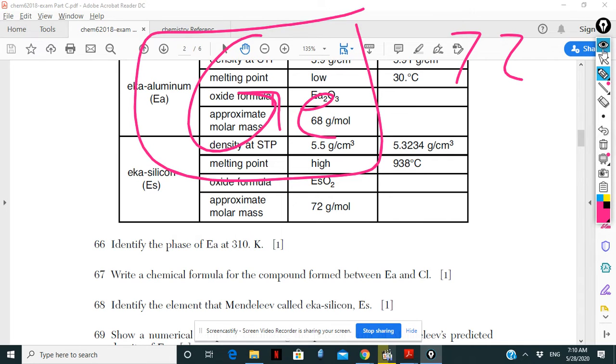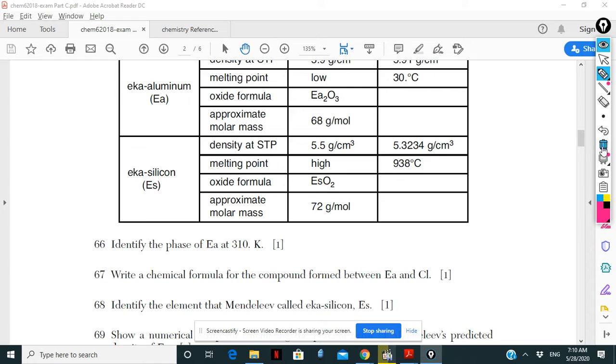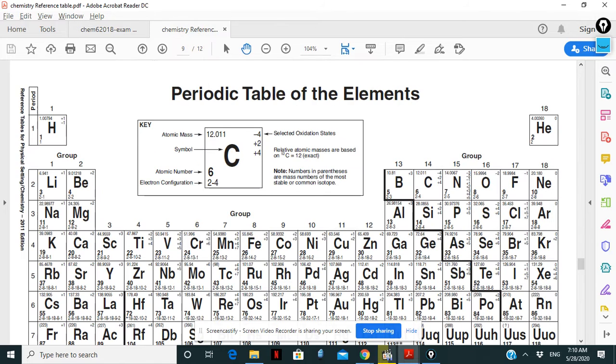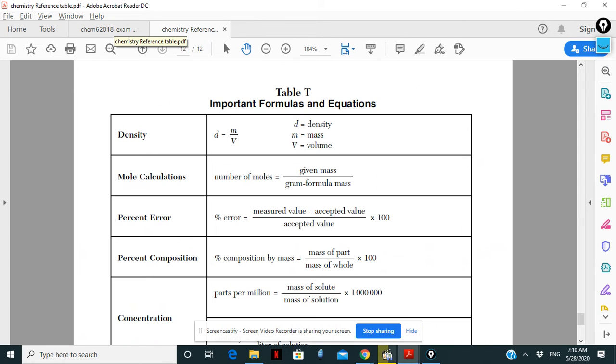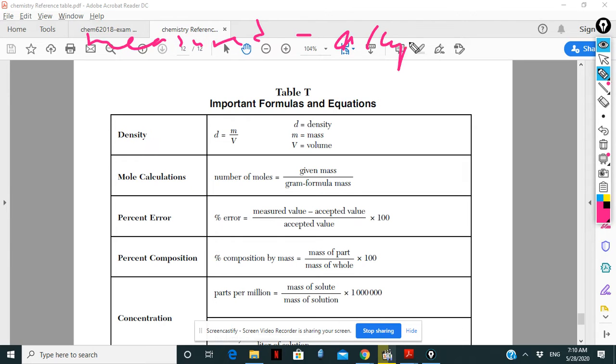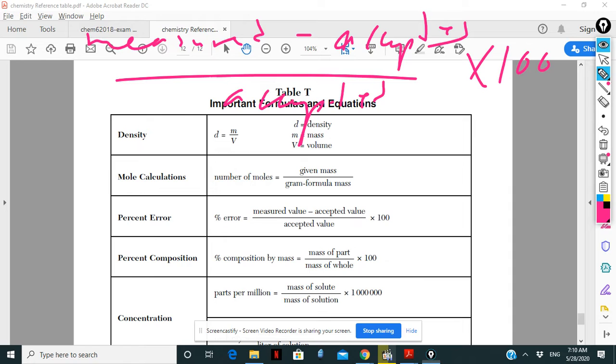Now, show a numerical setup for calculating the percent error. The percent error formula is the one I'm going to use: measured minus accepted, over accepted, times 100.